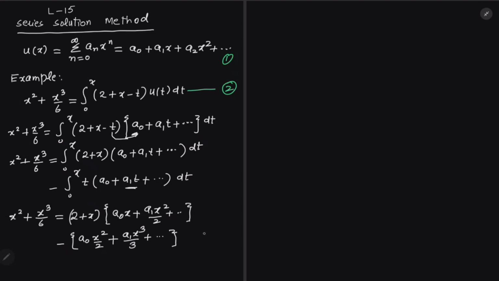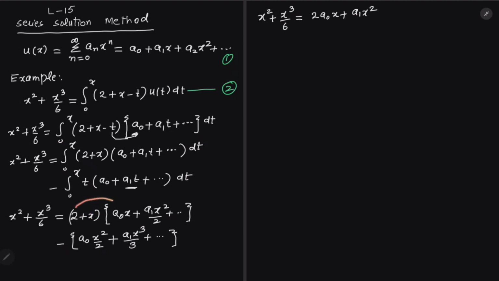Okay, so the only thing left now is to get x on the left hand side and the power of x on the right hand side. So we have x squared plus x cubed by 6 is equal to, when we multiply 2 with all the terms, a naught x plus a1 x squared.